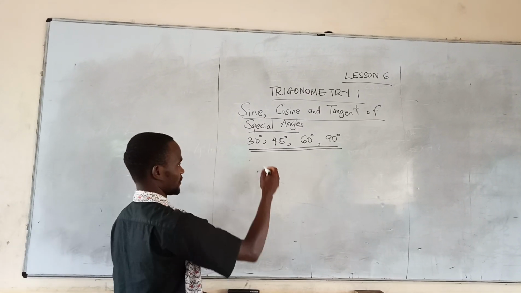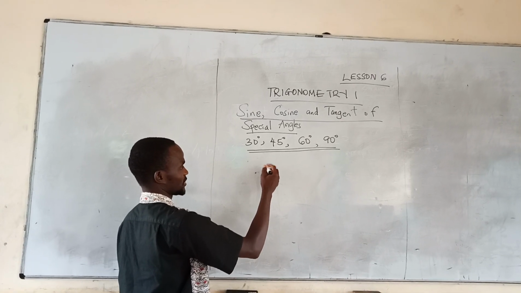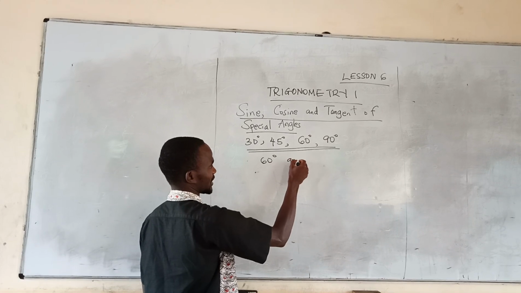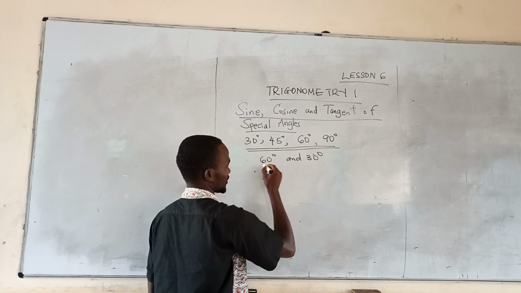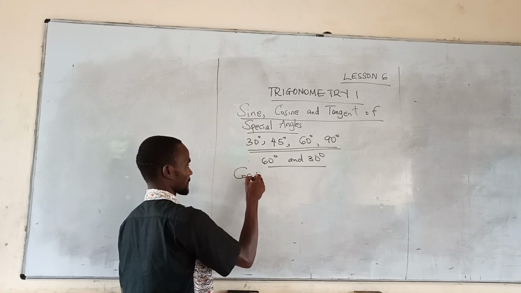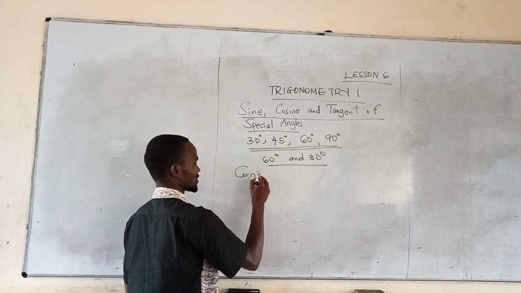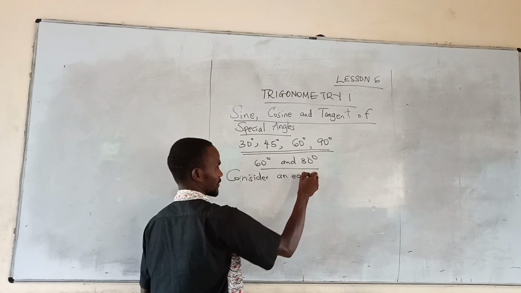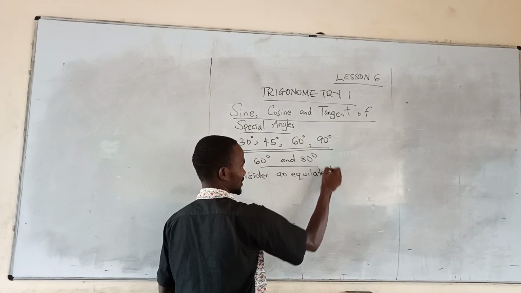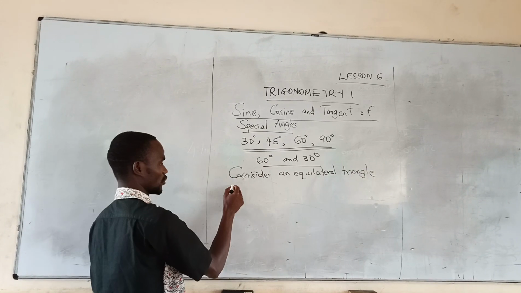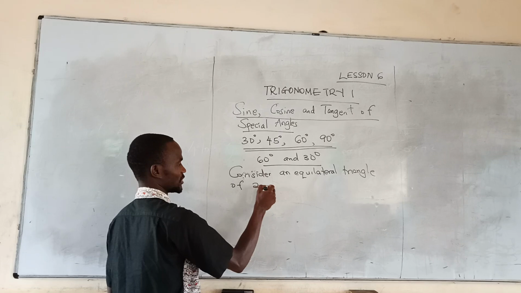Now, let's start with 60 degrees and 30 degrees. If you see such angles, consider an equilateral triangle. We want to consider an equilateral triangle of 2 units.